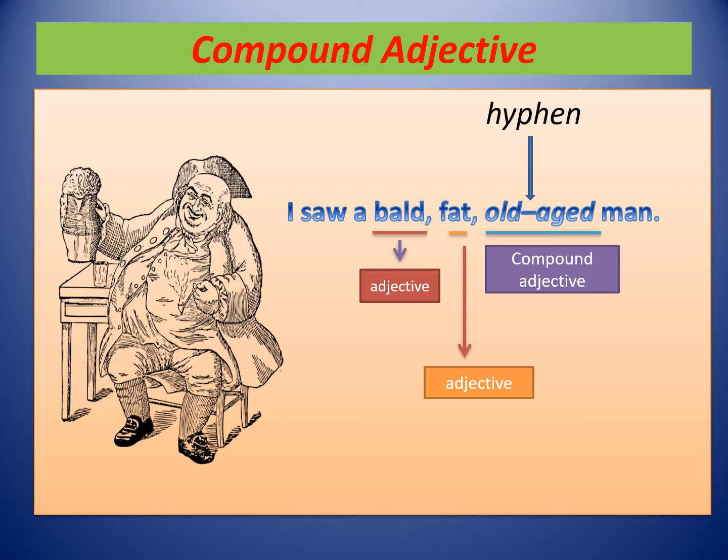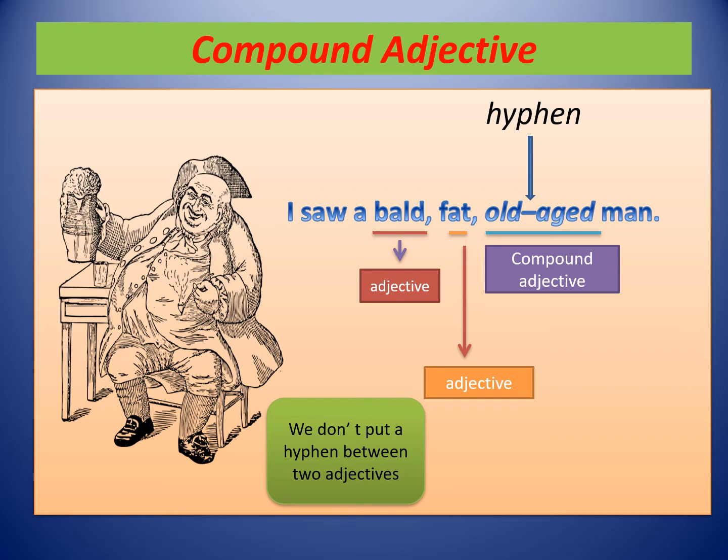Students, see carefully. I used a hyphen between the two words in the compound adjective. I did not use a hyphen between other adjectives. So we have to remember this point. So we don't put a hyphen between two adjectives.